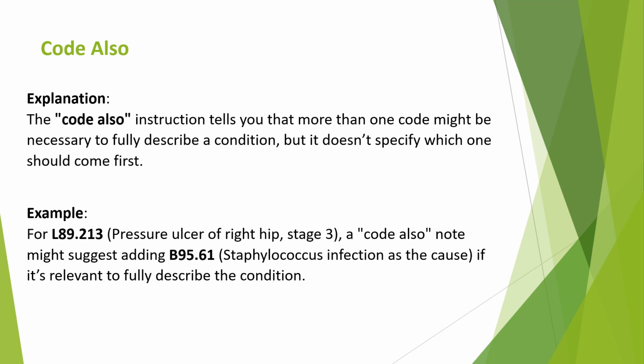If in the documentation there is a staphylococcus infection, then we have to assign the code for the organism also, so that we have the condition and the root cause together. Now we can describe the condition in a better way. So this is the meaning of code also.